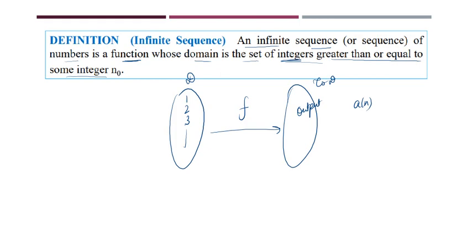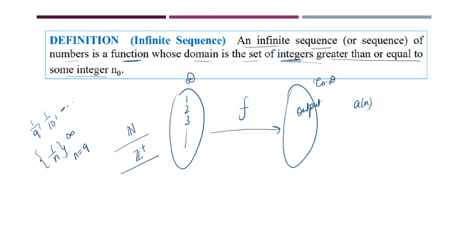Now here I can say the domain is set of natural numbers, or I can say the domain is set of positive integers, or if your sequence is such that it is 1 by 9, then 1 by 10 and so on, in that case I'll say it is 1 by n, where n varies from 9 to infinity.